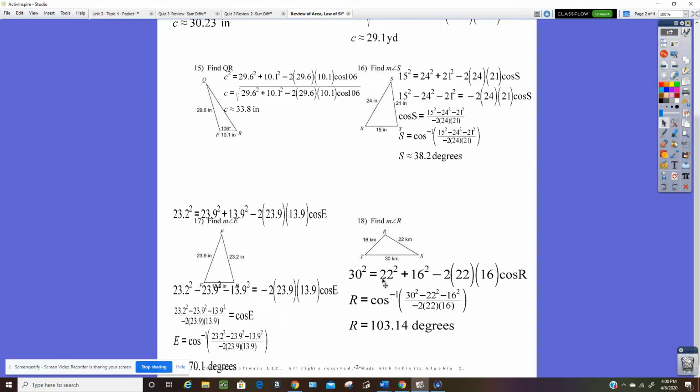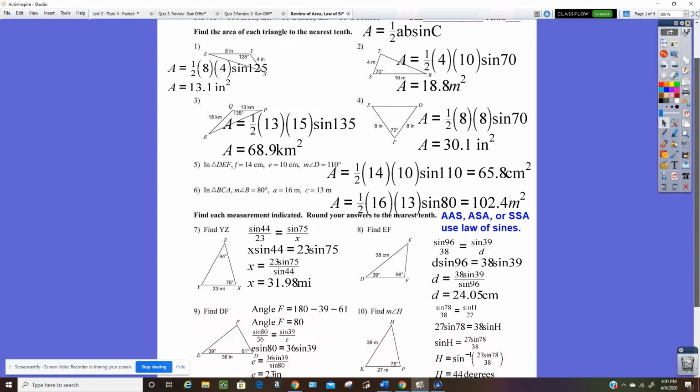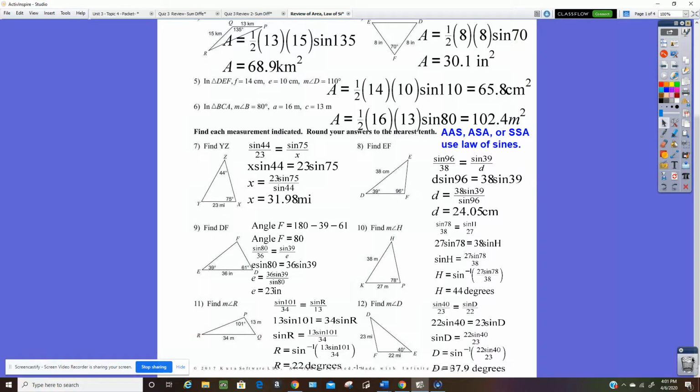And then one of these three, they're all the same. And then maybe do two of these because they're all the same. And then down at the bottom, maybe do number 7, number 9, and then one of these three, 10, 11, or 12.